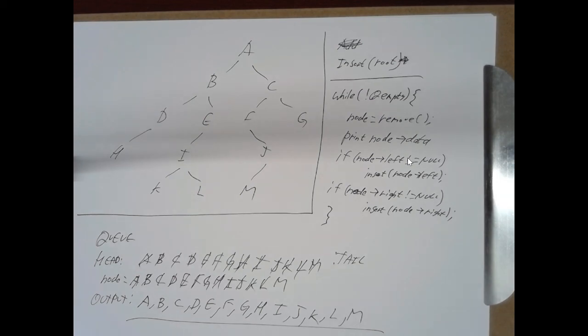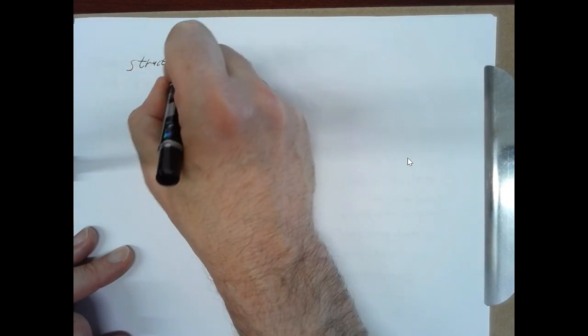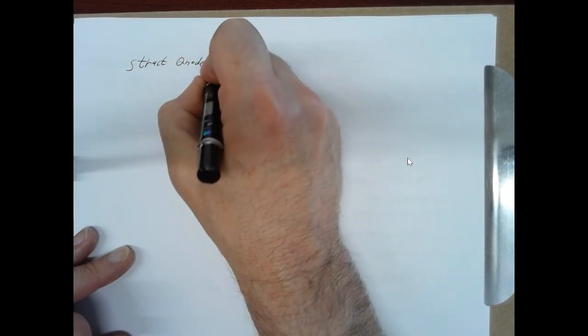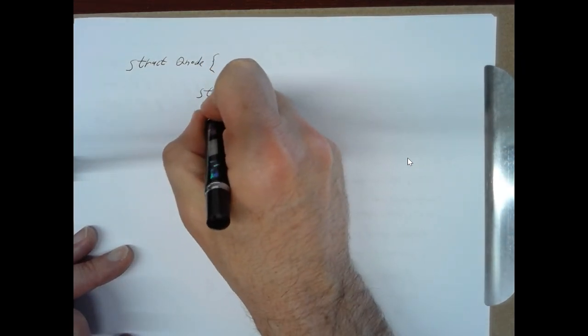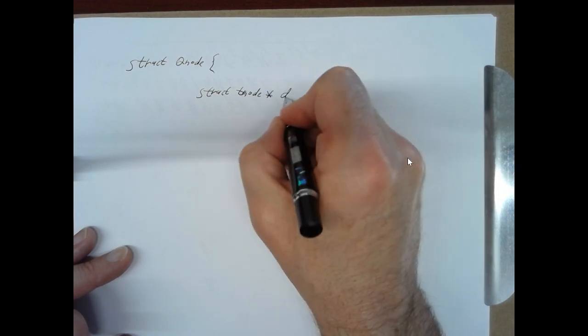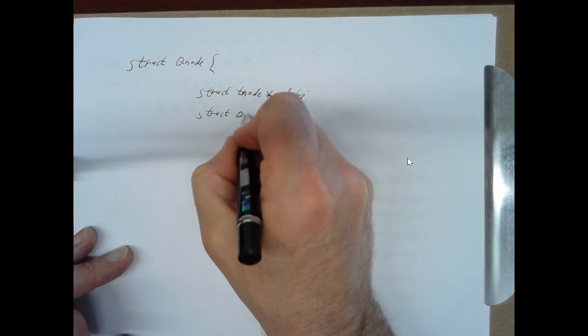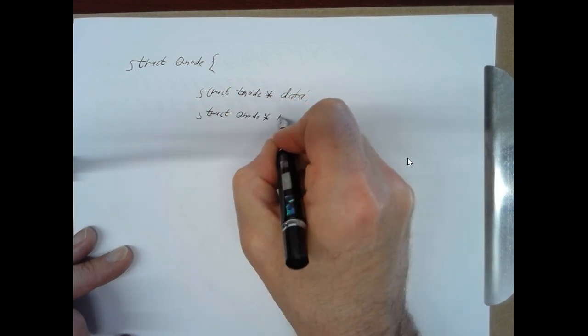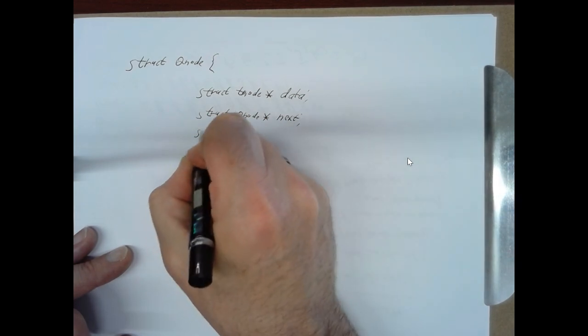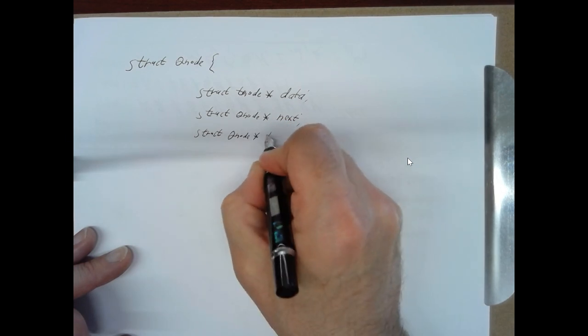So now your queue structure will look a little weird, but only if you think about it. So struct queue node. This will have a struct tnode pointer, which is data, a struct queue node pointer, which is next, and a struct queue node pointer, which is tail pointer.